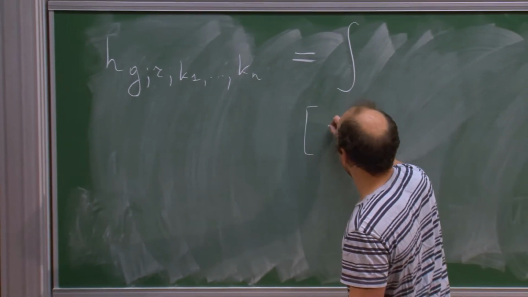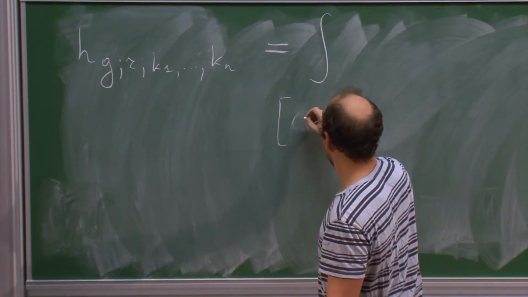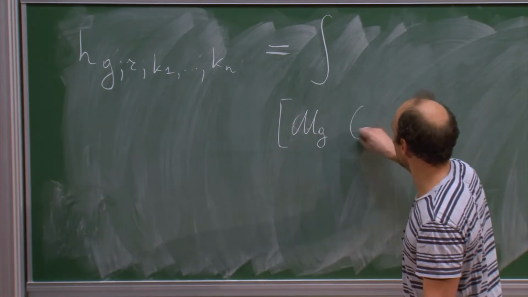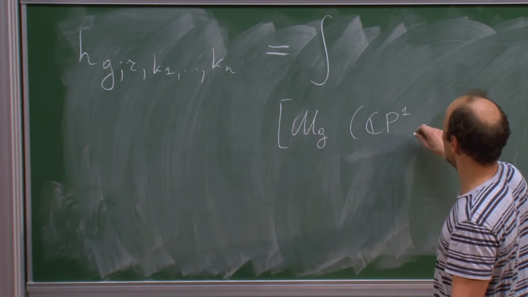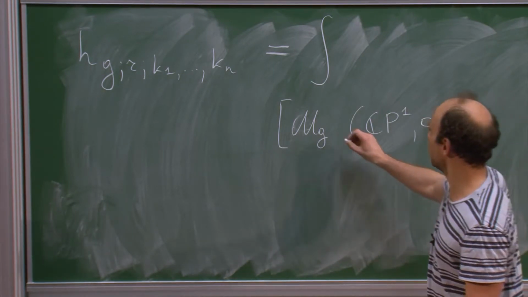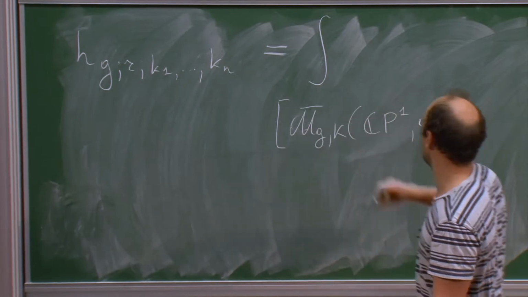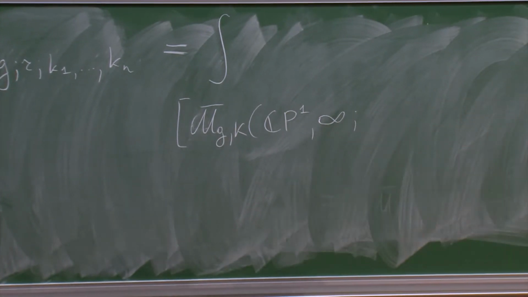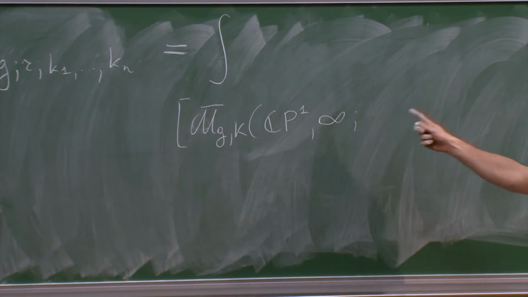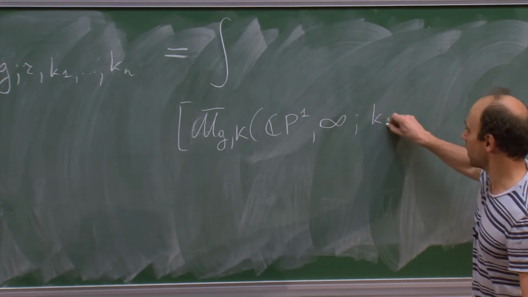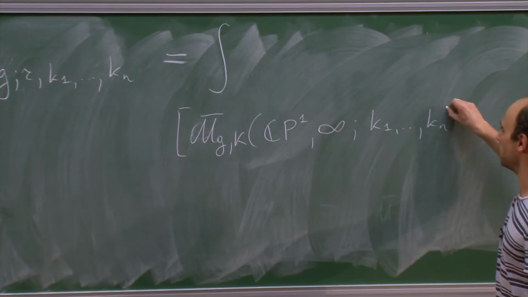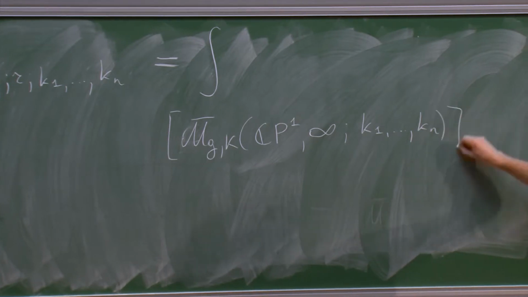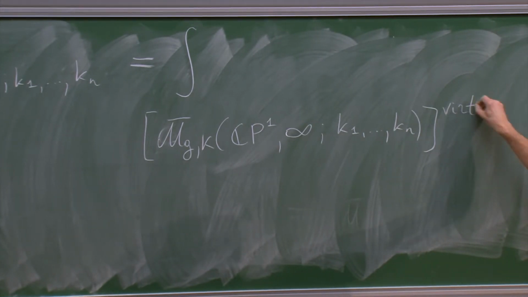So if I take the space of maps to CP1 relative to infinity of degree k, relative to infinity means that I have to prescribe a ramification profile at infinity. The ramification profile is prescribed by k_1, ..., k_n. So that's a space of relative stable maps. It has a virtual fundamental class.